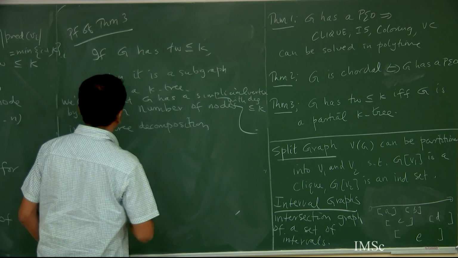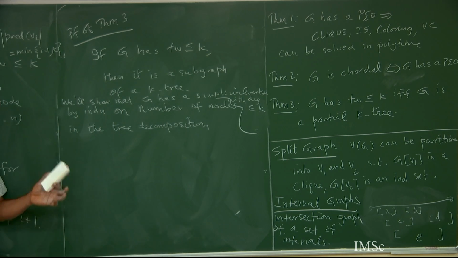So I am going to look at that graph that has a maximum number of edges. That means I go to every bag and fill them up, make every bag a complete graph, and still be a tree decomposition. I want to just show that it has a simplicial vertex with degree at most K. Then, take that vertex, remove it. What you have is a graph whose tree width is at most K, and you can find the simplicial vertex and keep going.